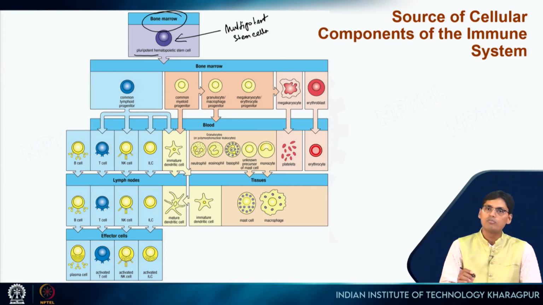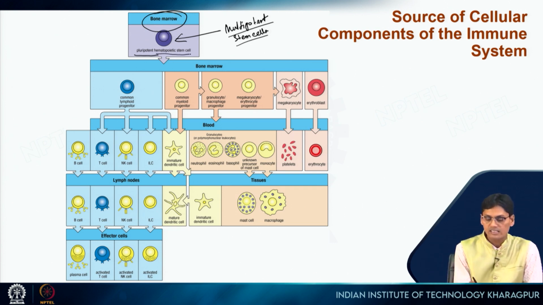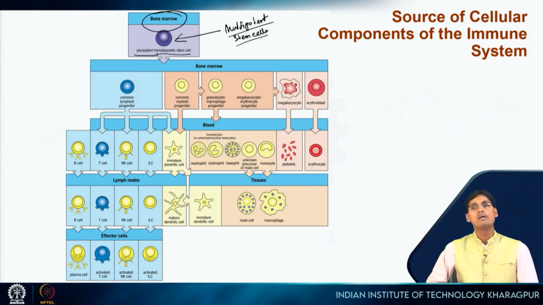Here it will be better to say multipotent stem cells, because these bone marrow stem cells will give rise to only different types of immune cells, blood cells particularly, different types of blood cells. This is called hematopoietic stem cells, and they are multipotent in nature.